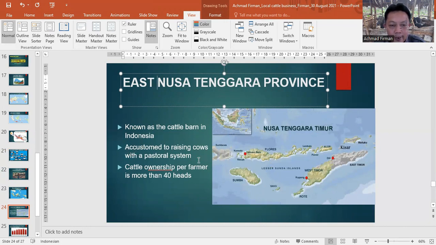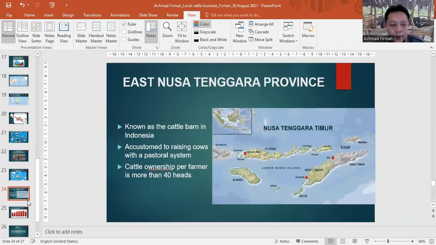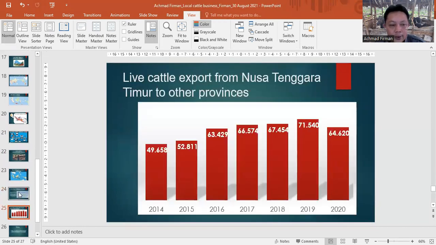Farmers are accustomed to raising cattle with a pastoral system, cattle ownership per farmer is more than 40 heads, and the cattle are raised using the grazing system.